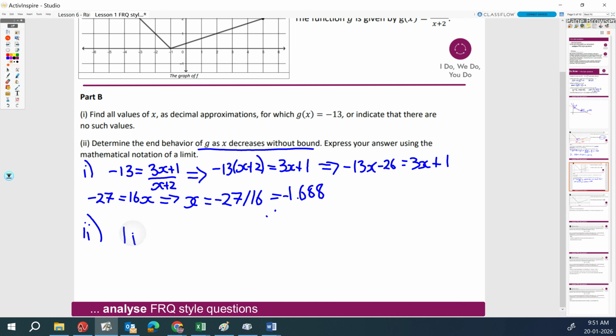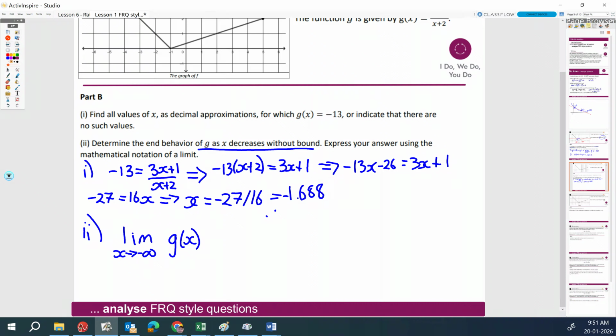To write this, we need the limit as x approaches negative infinity, as x decreases without bound. Notice that the x approaches negative infinity is under the word lim only. This acts like a function on this, g of x. Notice I'm writing g of x, not f of x.